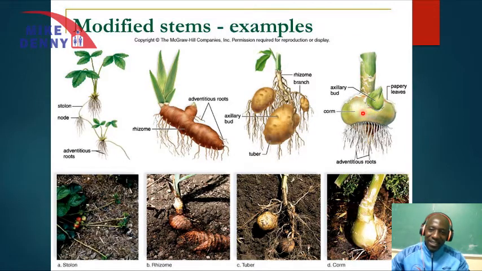Somebody is saying it's like leek. Can we identify this one? Somebody says it's like Irish potatoes. Can we identify this one? Somebody is talking of ginger. Yes, we can identify this one clearly, that it is ginger.